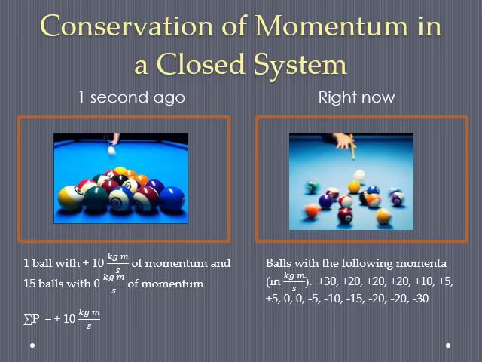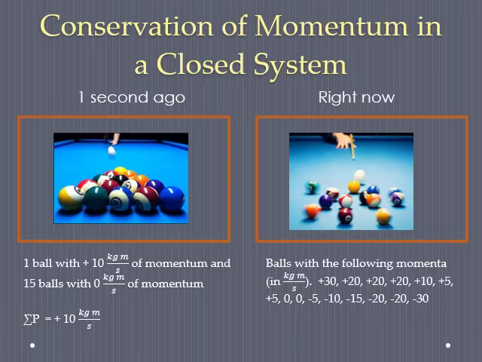It obviously looks a lot more complicated when you look at what the balls are doing after it gets hit. But you could measure the masses and the velocity of all of those balls, and write it down. Some of them are going to have positive momentum, plus 30, plus 20, plus 20, etc. And some of them might be at rest. That black ball in the middle and the yellow ball look like maybe they're just at rest after they get hit. And some of the balls are going to be moving in the negative direction and would have negative momentum.